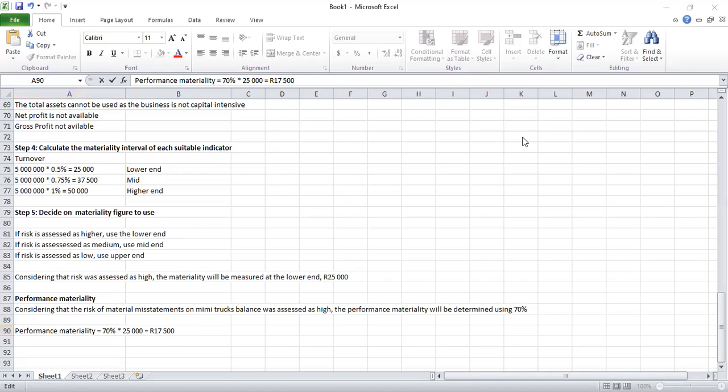That would be the performance materiality. Any questions? So your assessment of risk will determine. Questions, right?